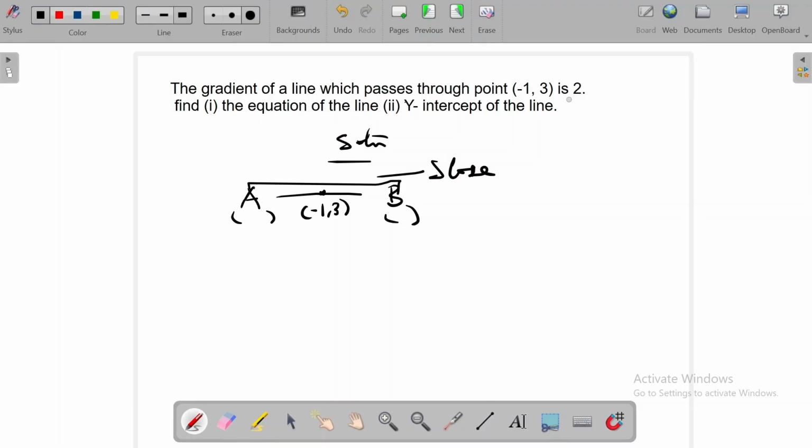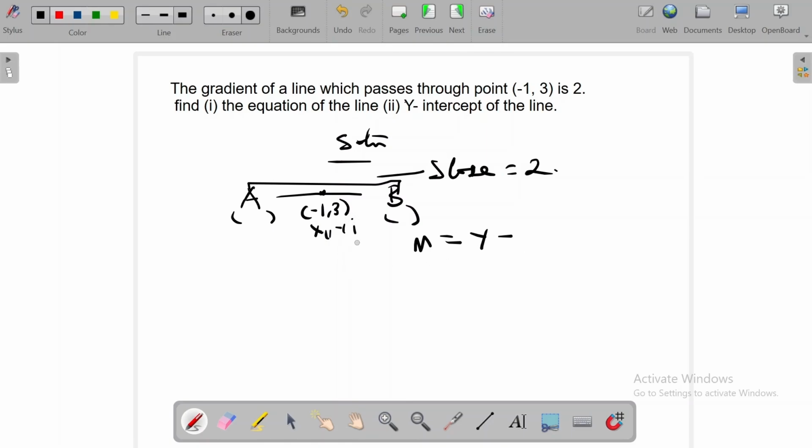That is why they said it's 2. The gradient of a line which passes through this point is 2. So I know from the solving that m should be y minus y1 over x minus x1.